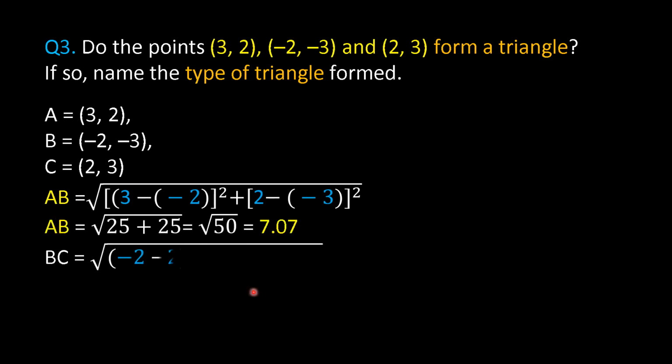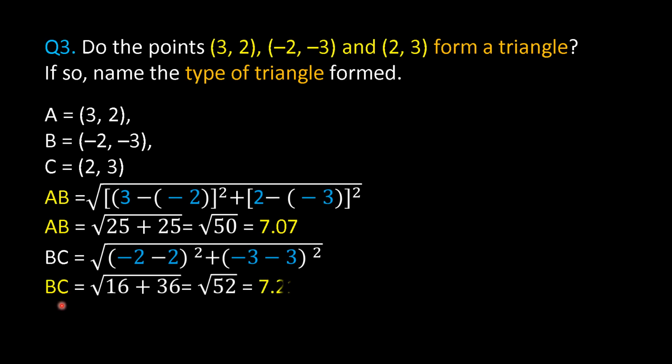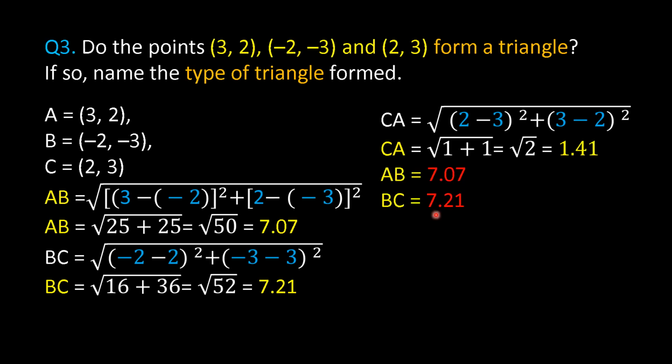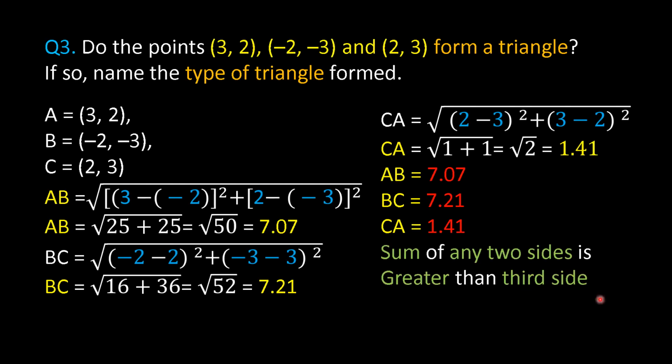Next, we will find BC, which works out to be 7.21, and CA, which works out to be 1.41. We have AB equals 7.07, BC equals 7.21 and CA equals 1.41. Now, the sum of any two sides is greater than the third side. Therefore, we conclude that points A, B, C form a triangle.